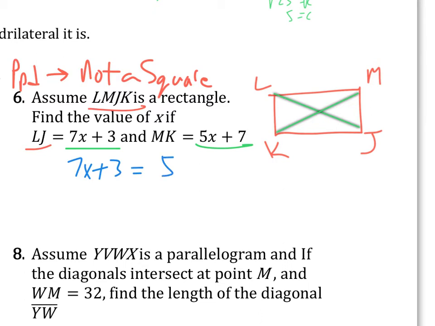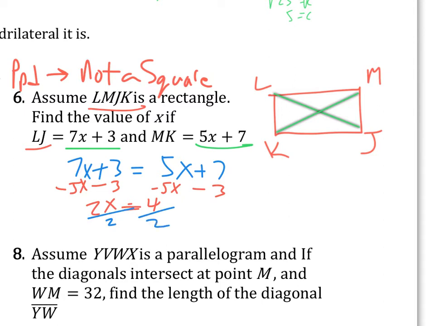Okay, so they're congruent, they're equal to each other, and so we can set our equation up. Now we can solve it. Let's get 3 out of there, and maybe while we're at it, let's get 5x out of both sides. Okay, so 2x equals 7 minus 3, which is 2. No, sorry, it's 4. And we'll divide by 2, and that tells us that x is 2.